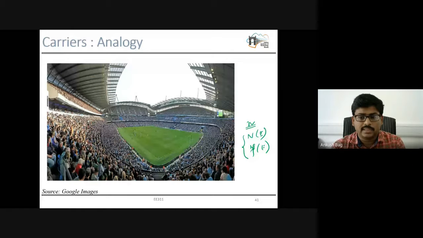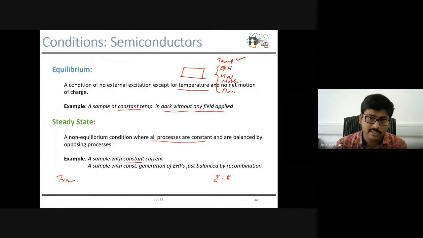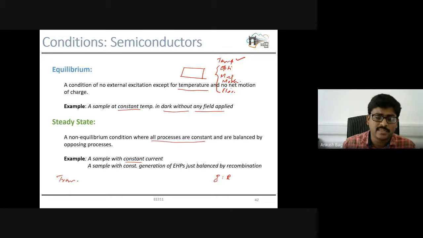So in the last class, we understood the concept of Fermi distribution or Fermi statistics, and then we also understood the concept of density of states, and how this density of states and this Fermi-Dirac distribution help us to count or quantify the number of electrons as well as the number of holes in a semiconductor.